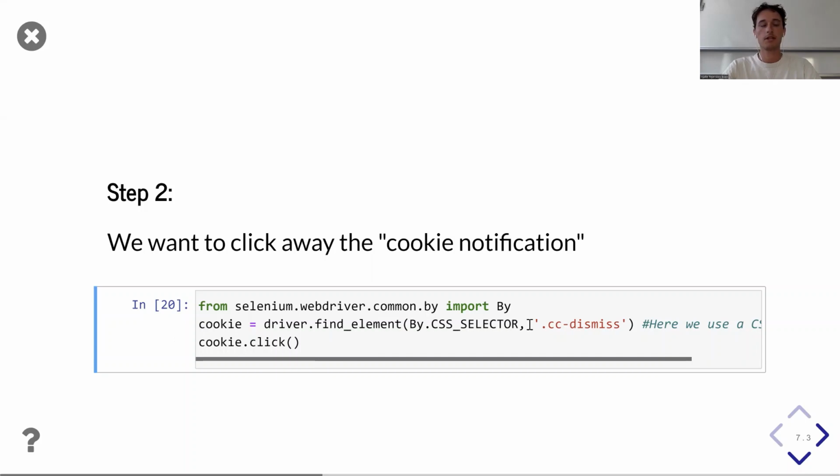And in our case, the element is this cookie button. So when we have found this cookie button, I save it in this object cookie, and then we can just use another Selenium function called click to click on this cookie button. So I will do that.